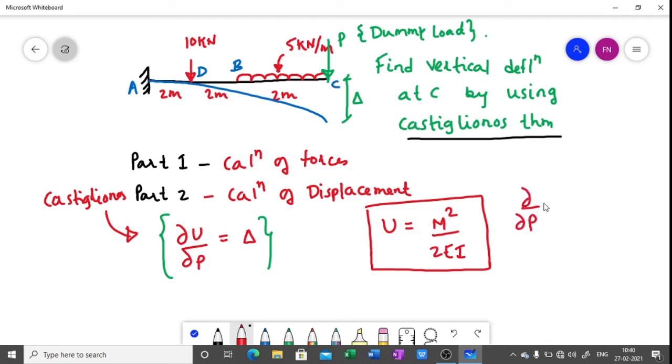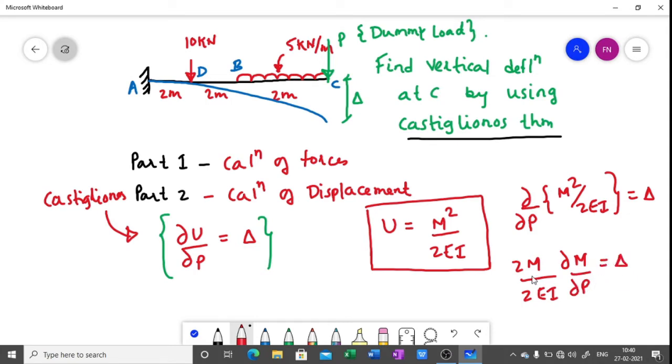Dou by dou P of U, where U is M square by 2EI, equals delta. Now dou by dou P will be 2M by 2EI times dou M by dou P equals delta. This 2 will get cancelled.